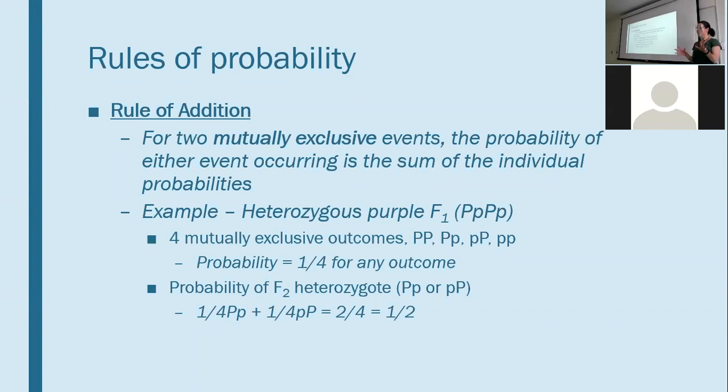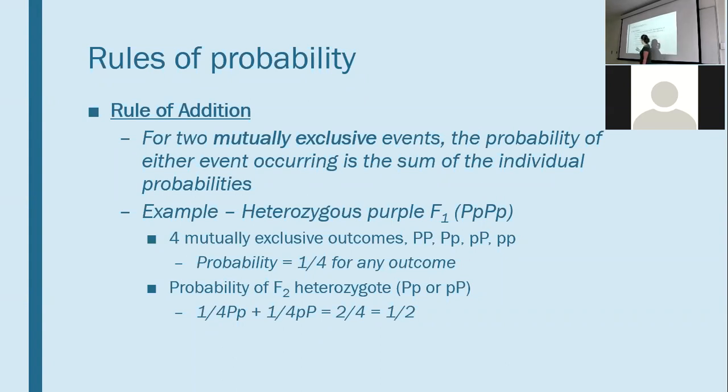They're equally likely. So what is the probability that when I make this F1 cross, my F2 offspring are a heterozygote of either option? It could be a heterozygote with this genotype or a heterozygote with this genotype.